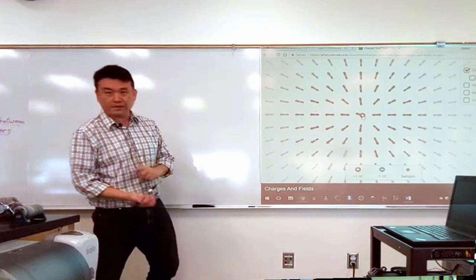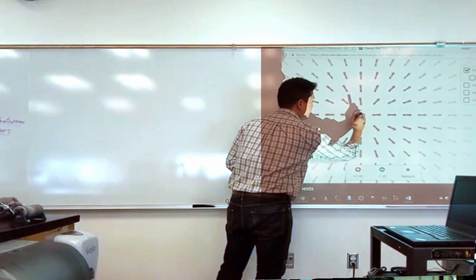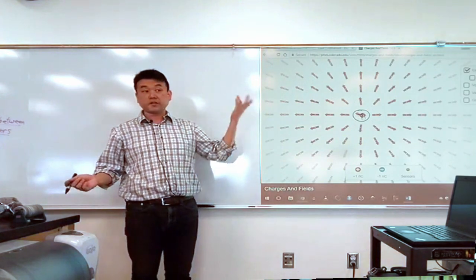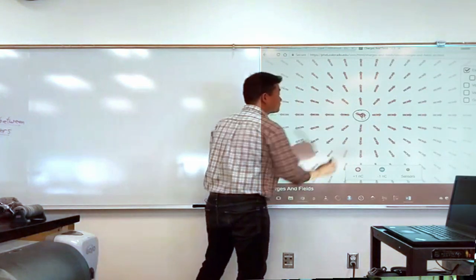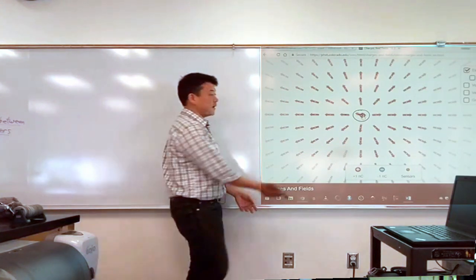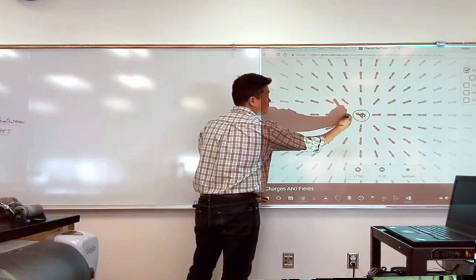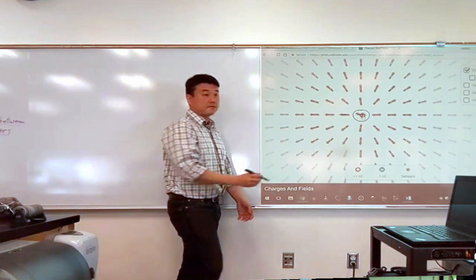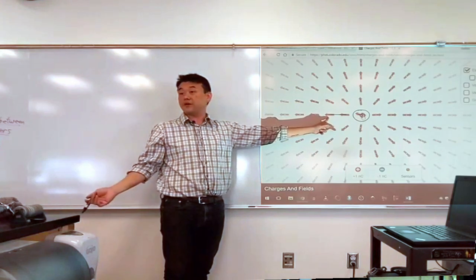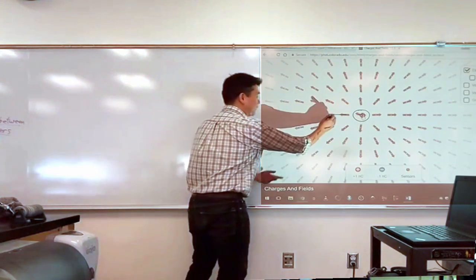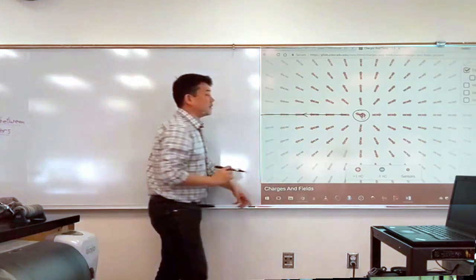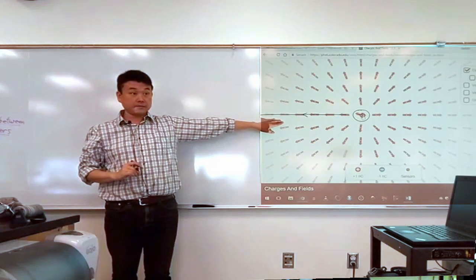Just so that I'm not dealing with any singularities, let's say I'm dealing with a positive charge here. I'm just going to pick a point to start, this point here. And I ask myself, all right, where do I need to go next? I look at the direction of the arrow, and I say, I'm going to have to go left. So I keep going left until I reach my next guiding point. Where should I go next? Keep going left. So you imagine connecting these lines, and that's what becomes one of your electric field lines.